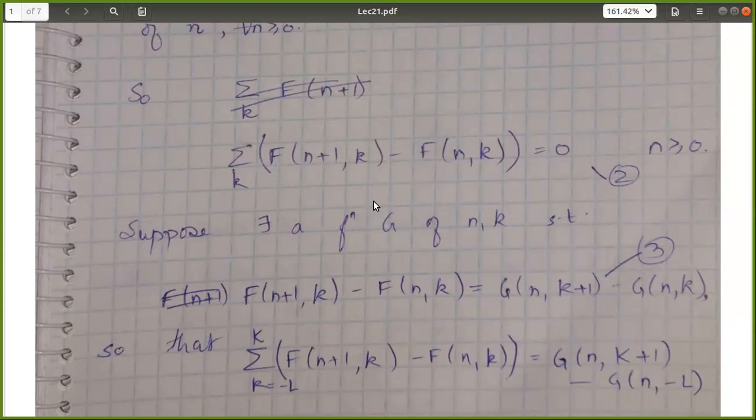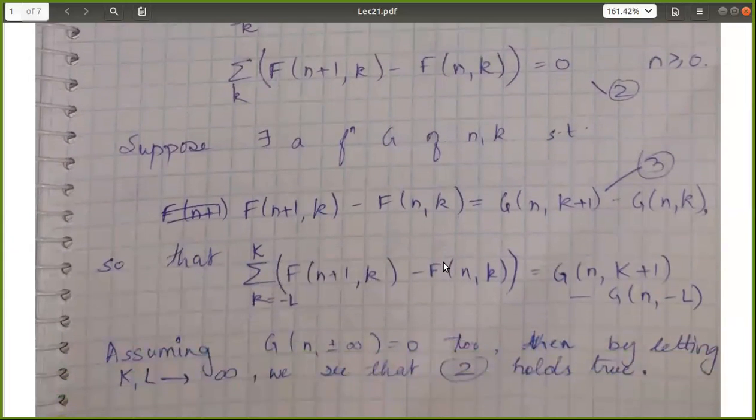So since we are assuming such a g, suppose we further assume that this particular function g, when k tends to plus or minus infinity, becomes 0. Then you would actually see that this will be 0 for high values of k, and this will also be 0 for high values of k.